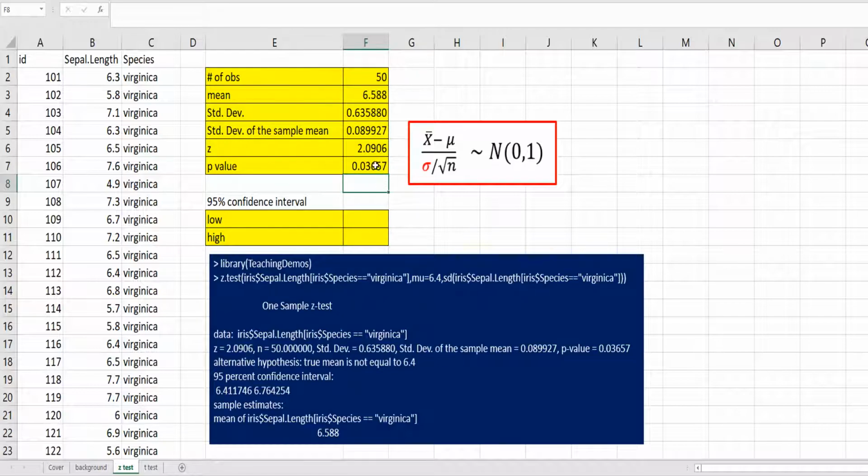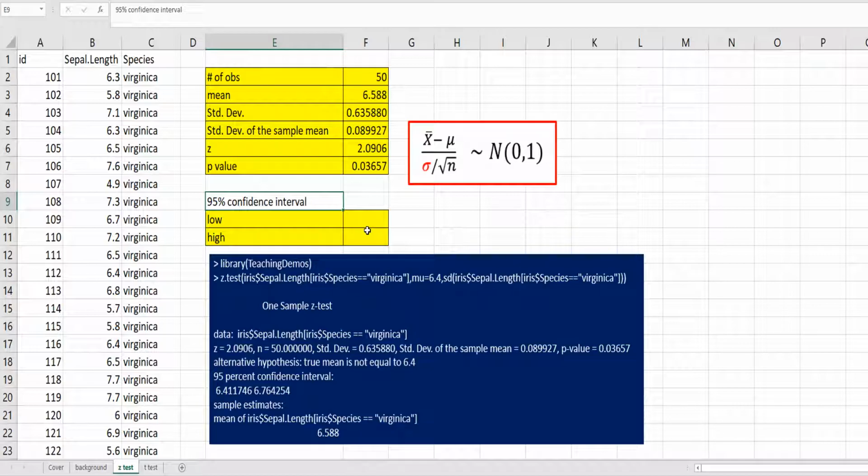Right, this is the same as this p-value. So considering a 5% significance level, we can reject the null hypothesis. It means that the data does not meet mu equals 6.4. The actual mean from these samples is 6.588.